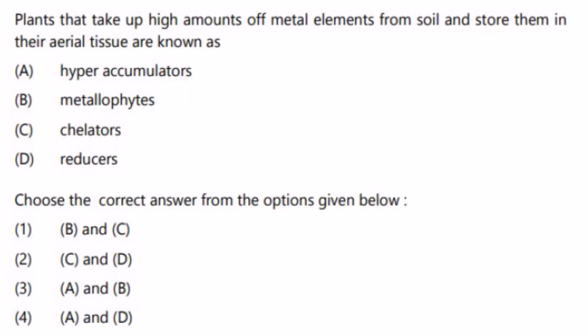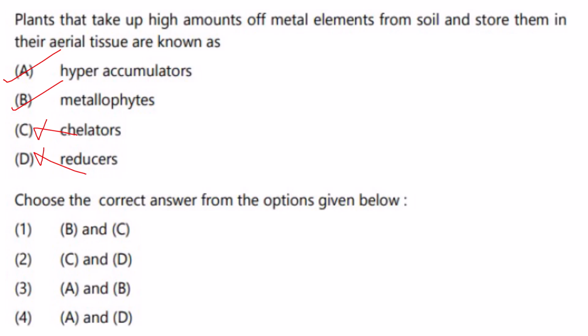Then plants that take up a high amount of metal elements from soil and store them in their aerial tissues are known as hyperaccumulators as well as metallophytes, not chelators and reducers.